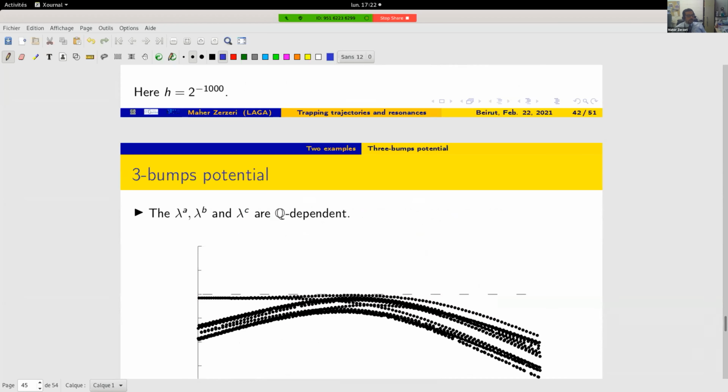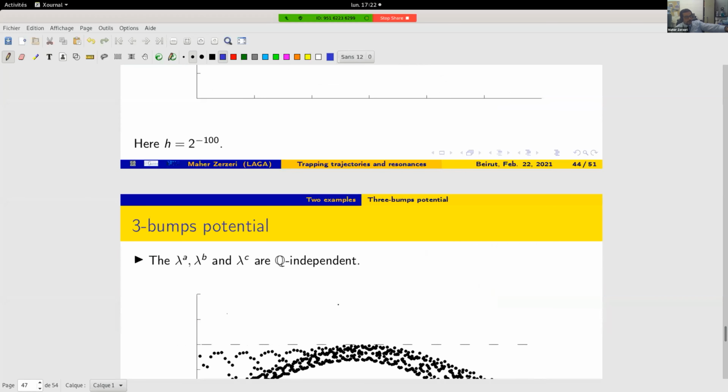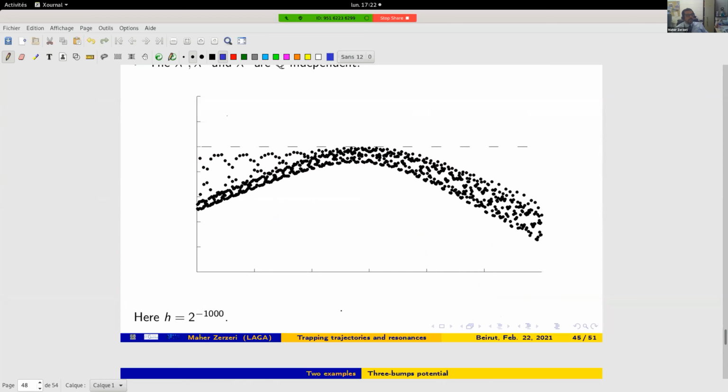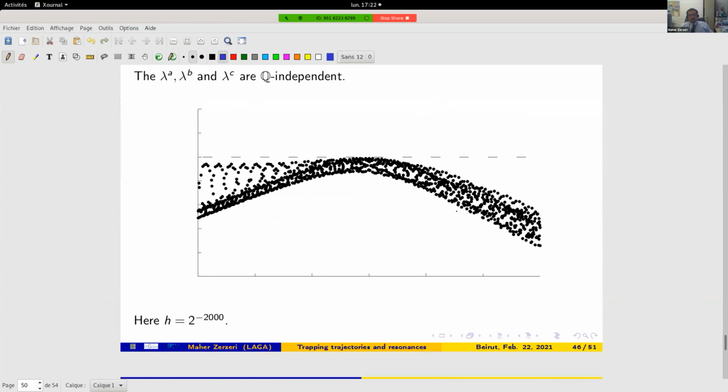E0 is here, and here is D0. It's not 0. It's the damping. And this is very important: if the behavior between the 3 bumps is Q-independent, you have a cluster. There is no structure at all. This is a very important thing. Thank you. Thank you very much.